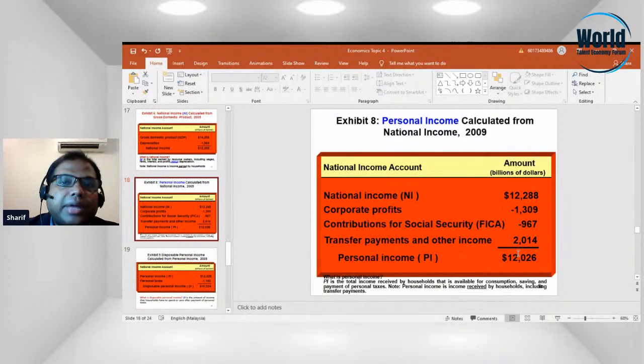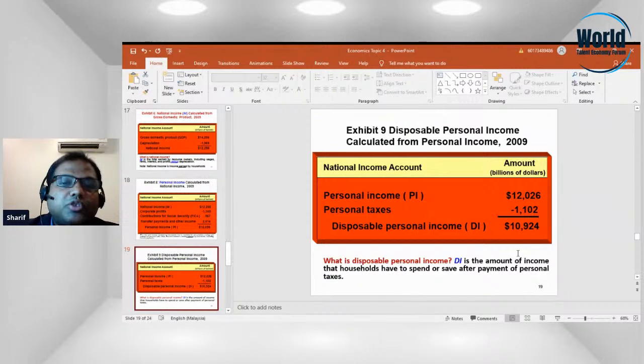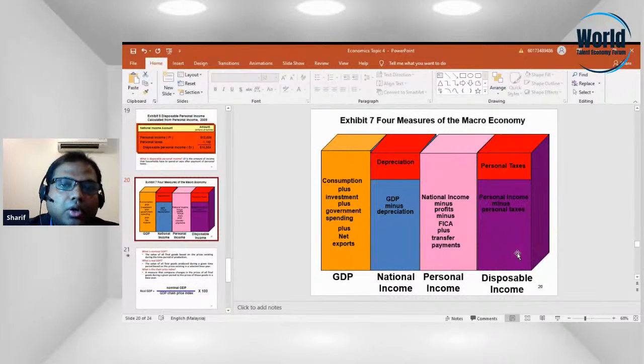So personal income calculations. If we want to calculate the personal income statement, we start from national income, NI, and disposable personal income is 10,924. Four measures of macroeconomics.